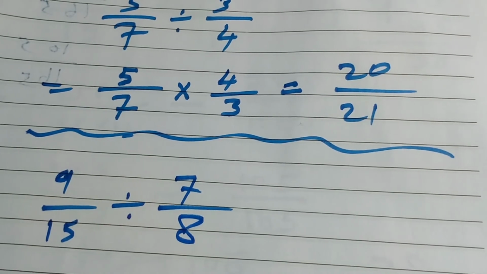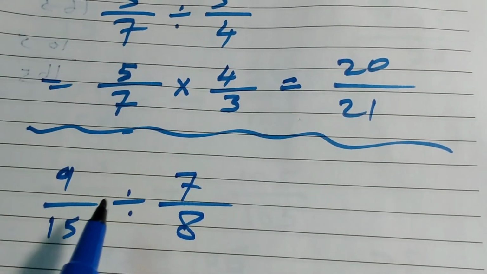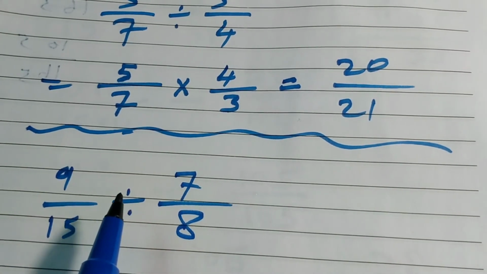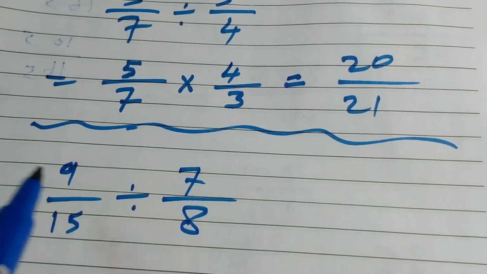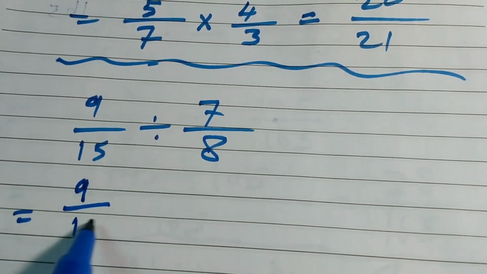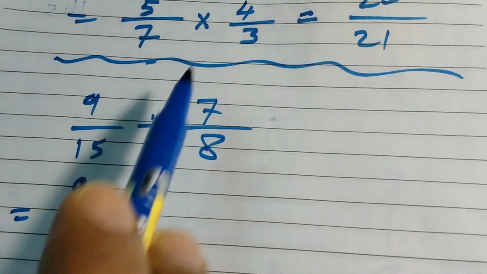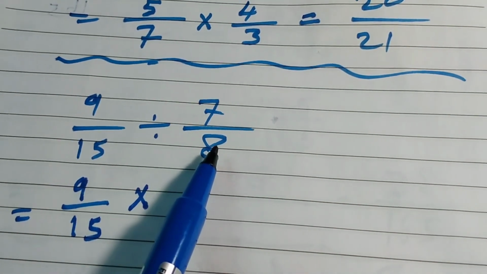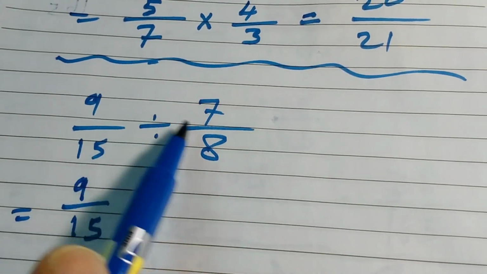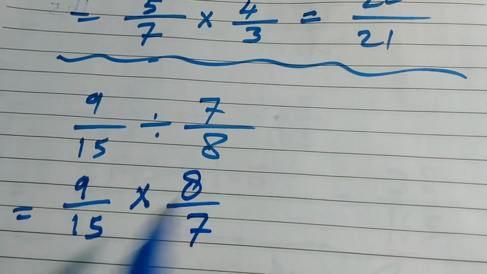So as I told you, we will change division into multiplication. So what will we do? We will write the first fraction the same, 9 over 15, and change the sign. The denominator of the second fraction will become the numerator and the numerator will become the denominator. So 8 over 7. This is the rule.